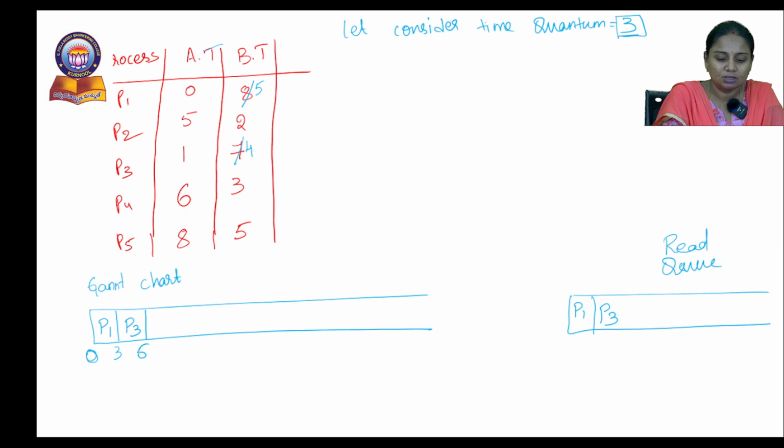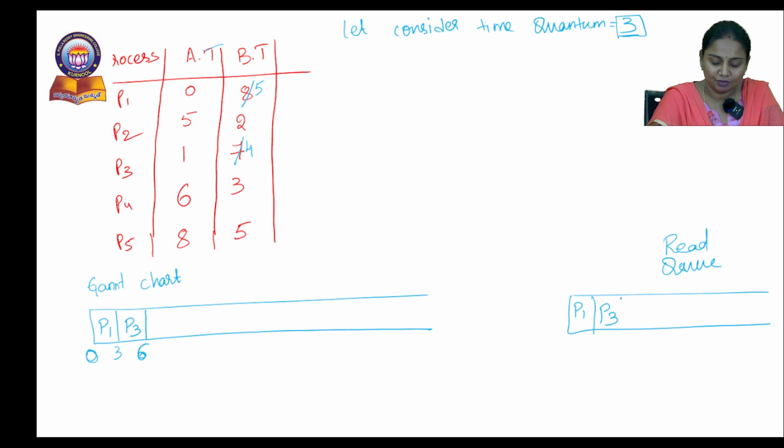Up to 6, P3 has utilized the CPU. Now we have to check whether any new processes are available in the ready queue. At time 5 P2 has arrived, and at time 6 P4 has arrived. Both P3 and P4 now have the same arrival.